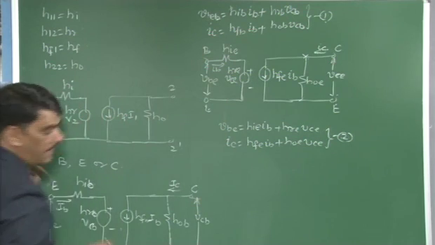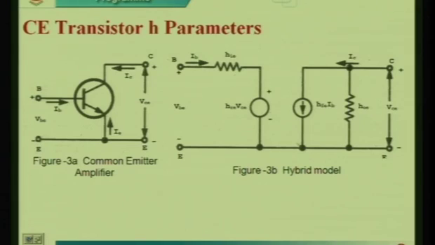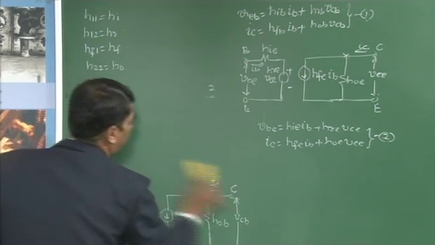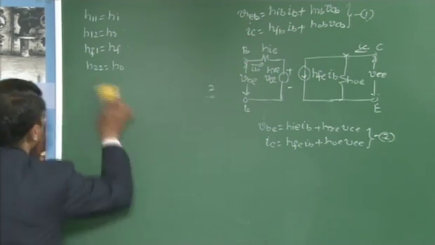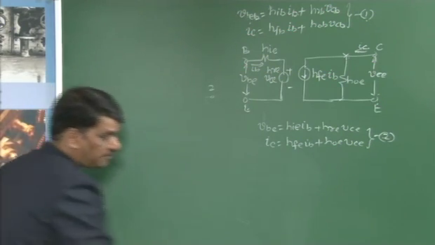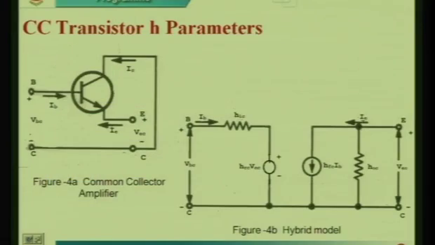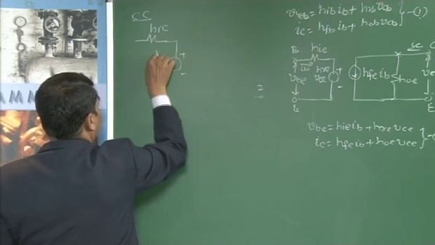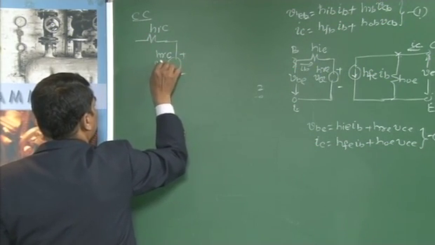Next, we define the common collector configuration. For the common collector configuration as shown in figure 4a, the corresponding hybrid equivalent model has the collector common for both input and output. The input current is IB and the output current is IE. The equivalent circuit of this common collector configuration is given by hic with a constant voltage source, hrc into VEC.